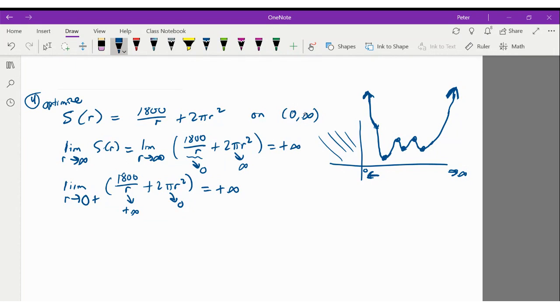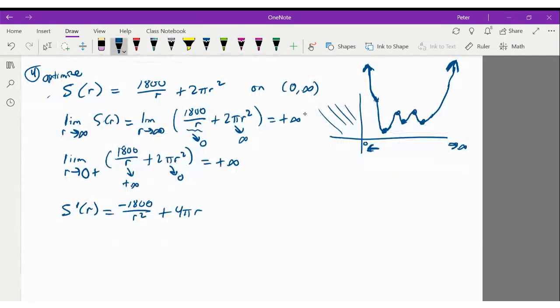So we find s prime of r, and just looking up here at what s is, that's going to be negative 1800 over r squared plus 4 pi r. So what we want to do is set s prime of r equal to 0.